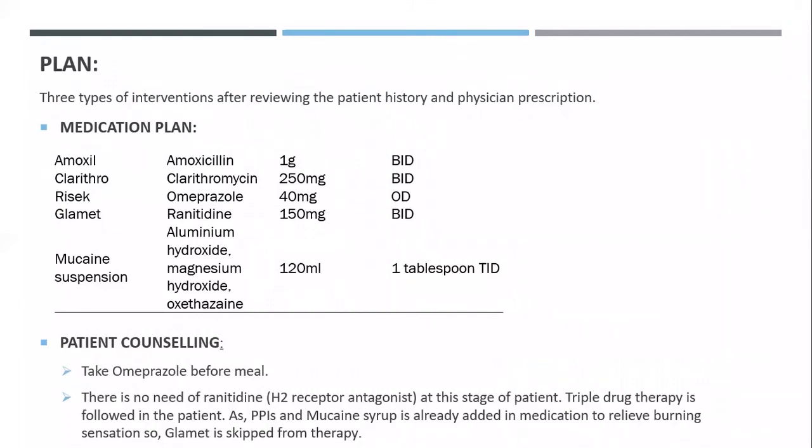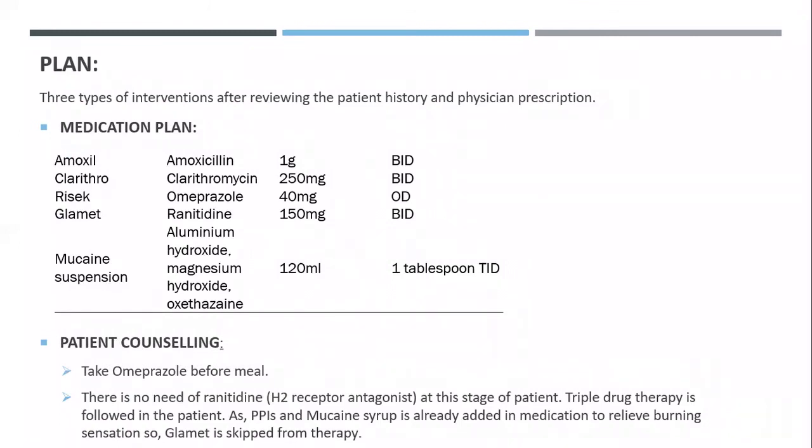Medication plan: amoxicillin 1 gram twice daily, clarithromycin 250 mg twice daily, esomeprazole 40 mg once daily, Gelusil, ranitidine, aluminum hydroxide 150 mg twice daily, and mucaine suspension, which is magnesium hydroxide, oxethazaine 120 ml, 1 tablespoon thrice daily.